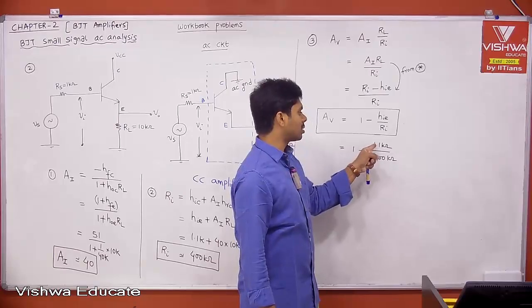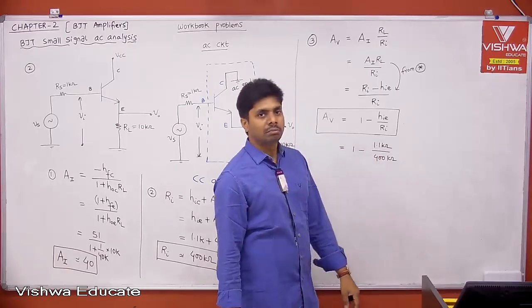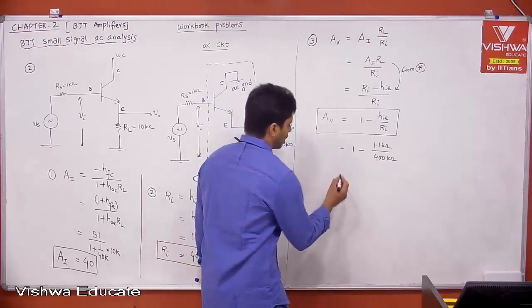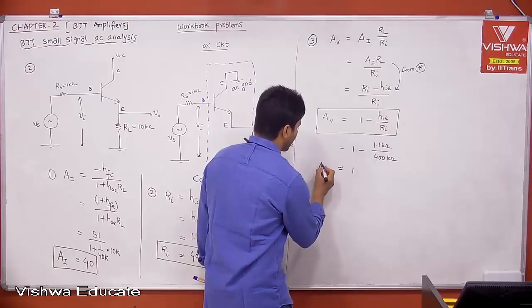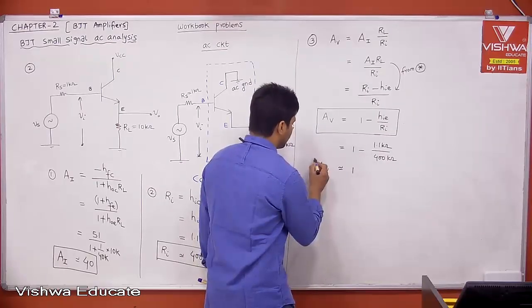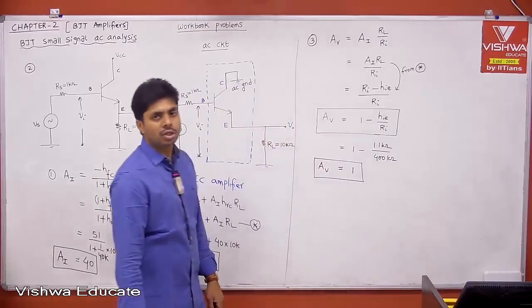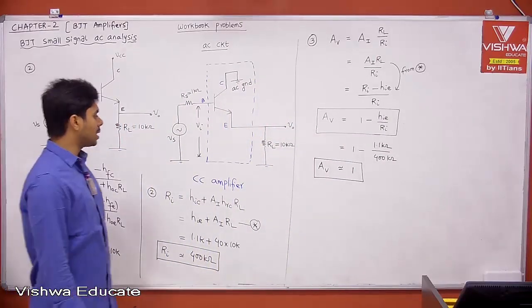Kilo will be cancelled. Approximately, let me take 1.1 as 1, then 1 by 400. I can neglect 1 by 400 with respect to 1. Then I can say this is approximately equal to 1 but less than 1, close to 1. If you solve exactly, you'll get 0.98 or 0.99, which you can take as 1.